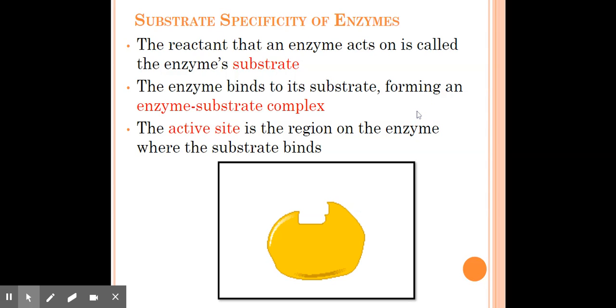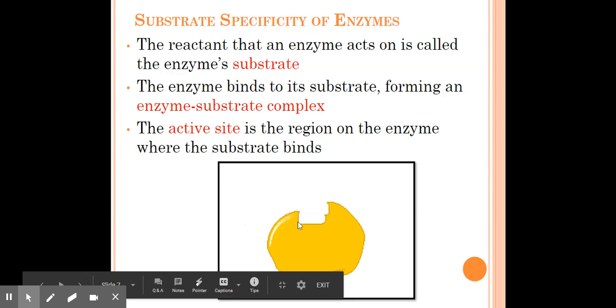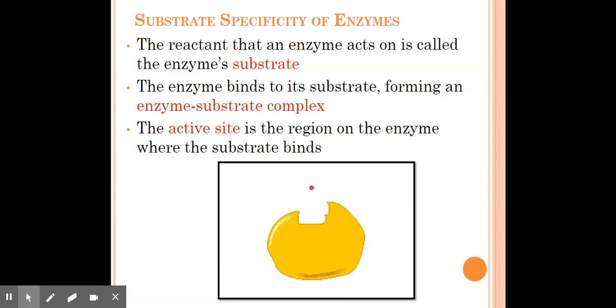The giant yellow blob right here, like giant colorful blobs or proteins, is going to be the enzyme. But this little open slot right here, this is the active site that we can see. And if we had a substrate, the substrate would come right in. Notice this active site has a very specific type of shape.